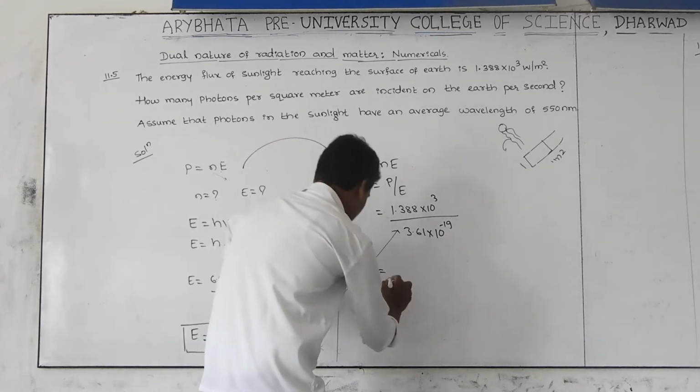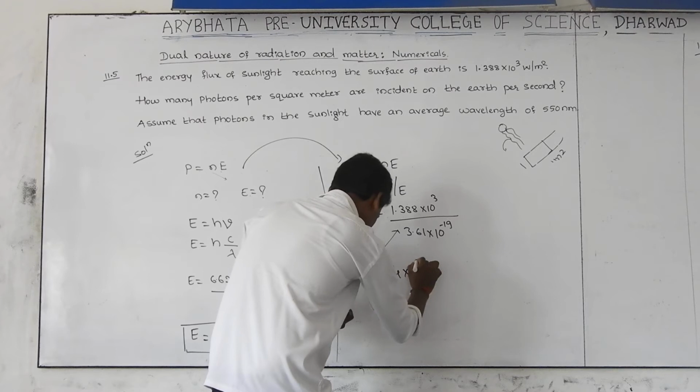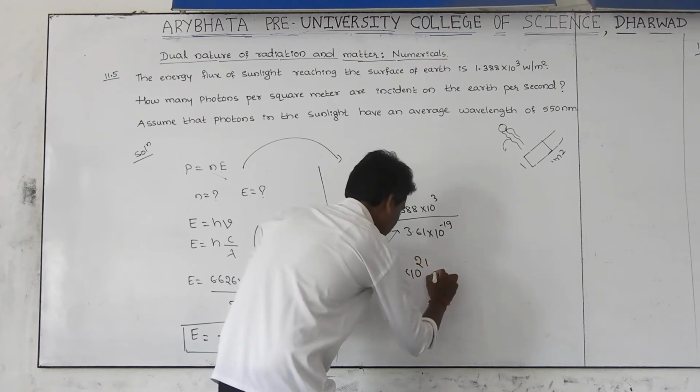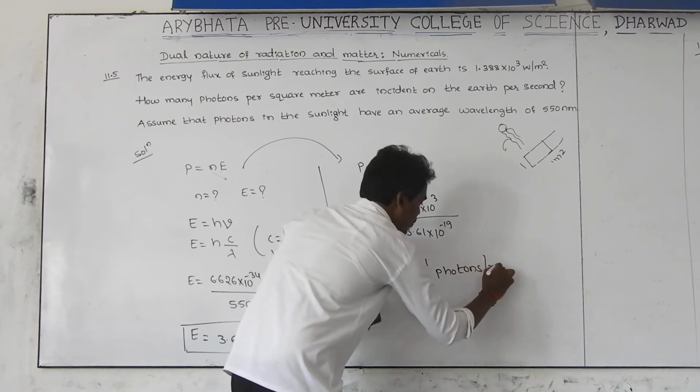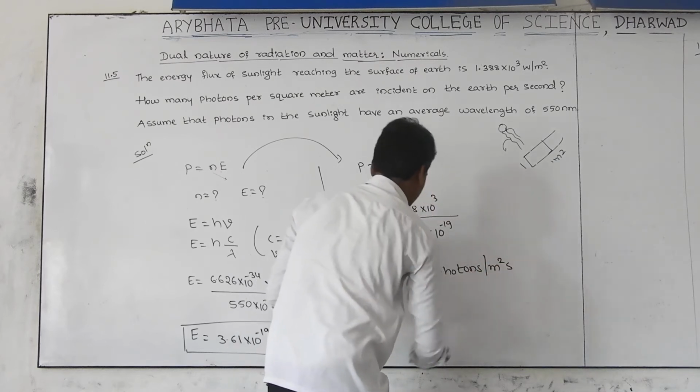The answer is 4 × 10^21 photons per meter square per second.